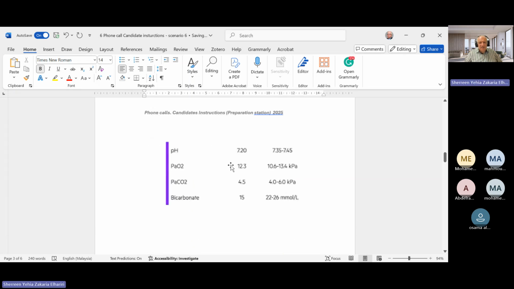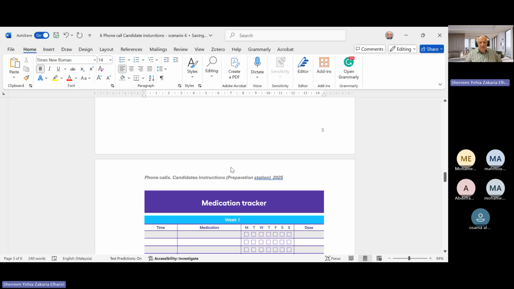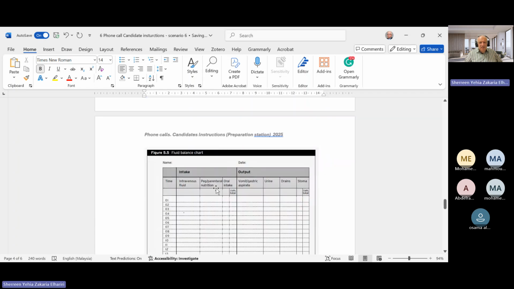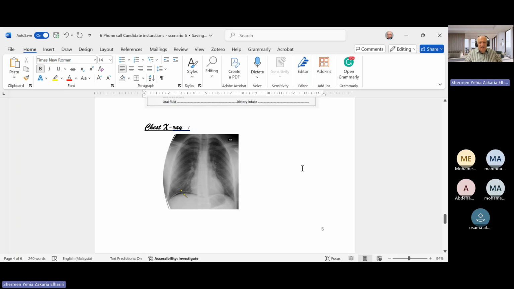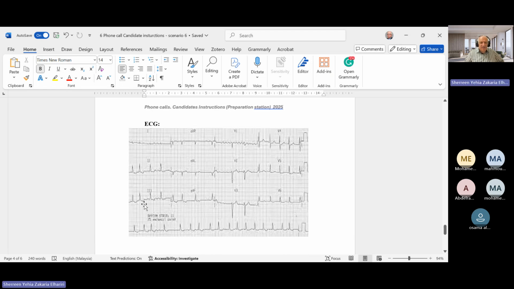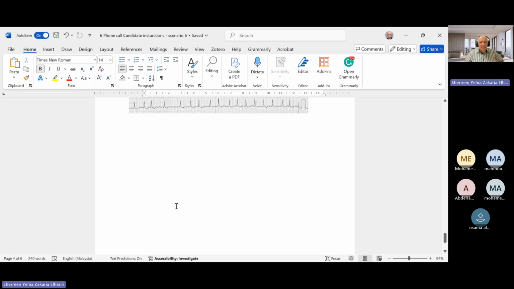This is the same arterial blood gases and medication, nothing. Input, output, and this is the X-ray of the chest, which shows something on the right side under the cupula of the diaphragm. Okay, this is the patient's ECG.